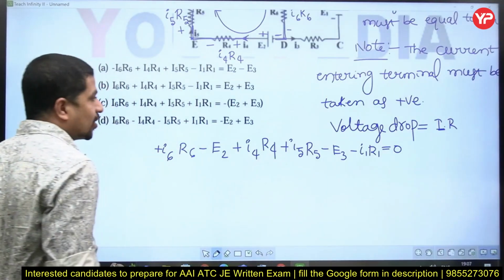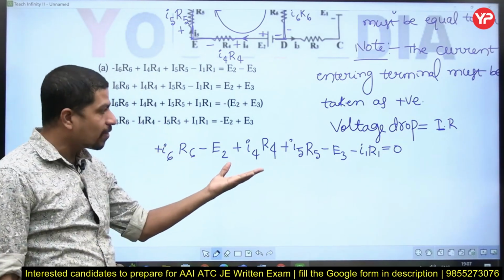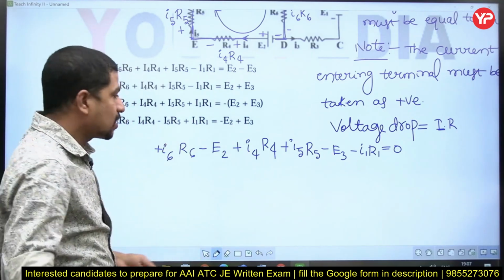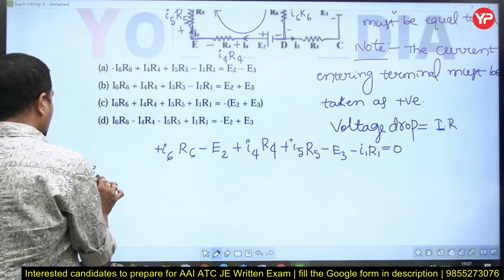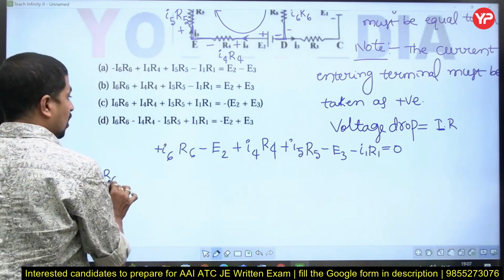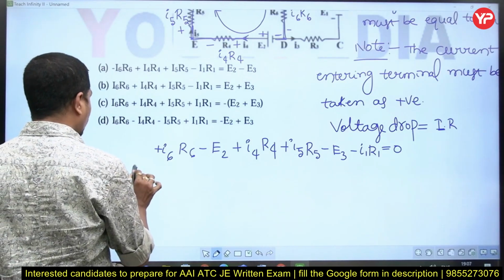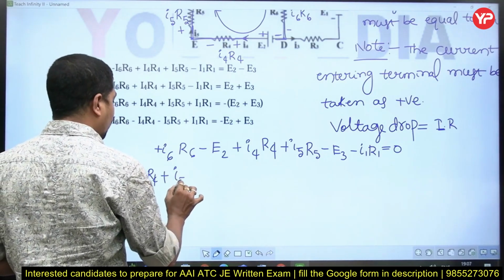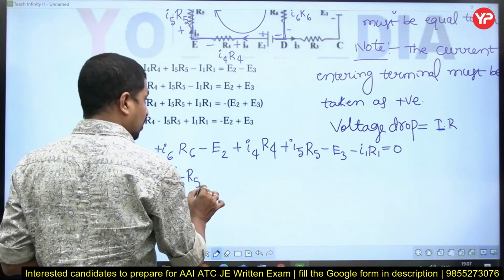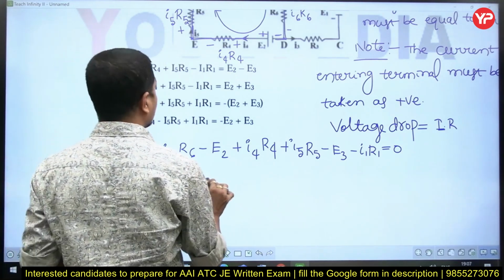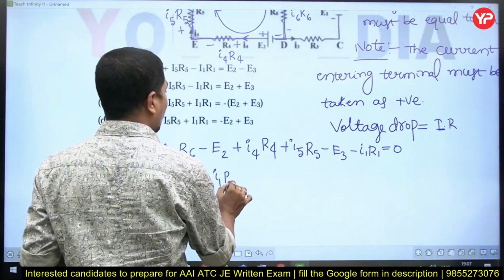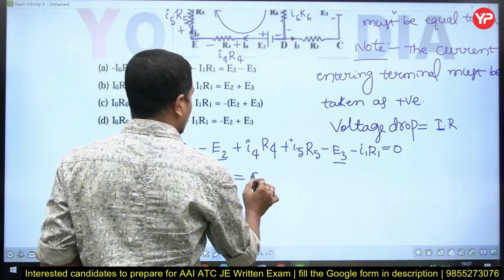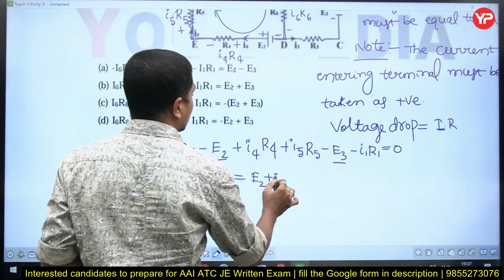Now, but our options are not in this format. In our options, all E terms are taken that side. Okay, let's write, no problem. I6 into R6 plus I4 into R4 plus I5 into R5 minus I1 into R1 is equal to E2, E3 I am taking to that side, so that is going to become E2 plus E3.